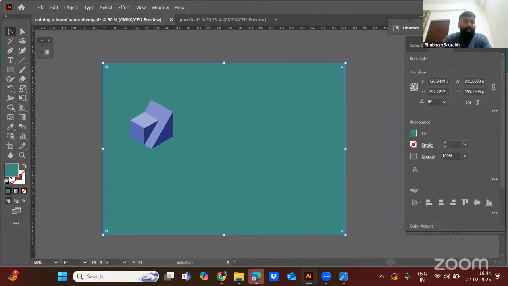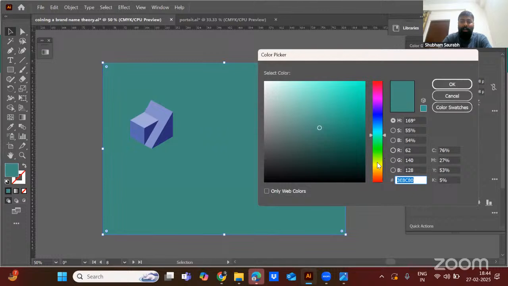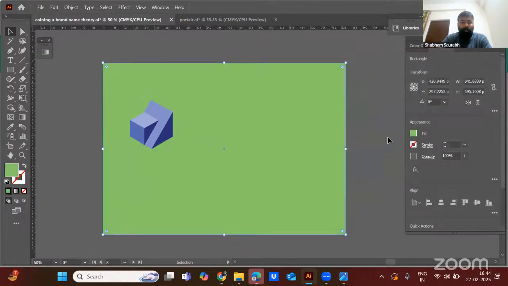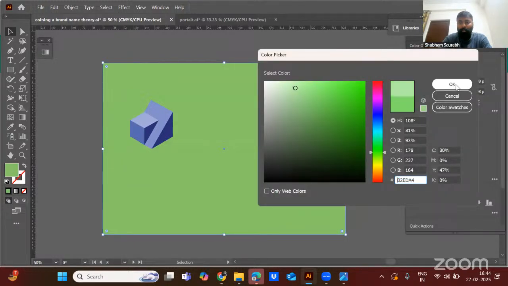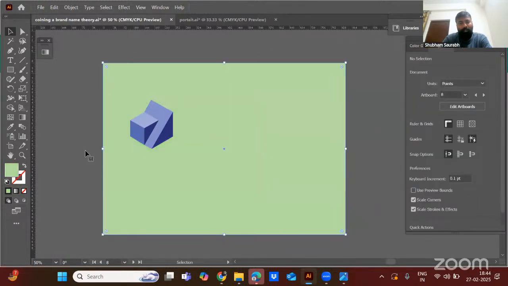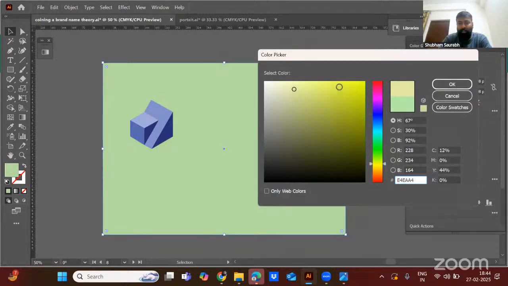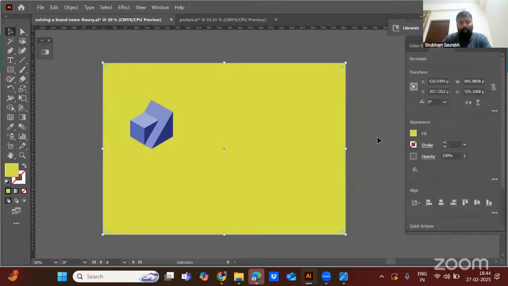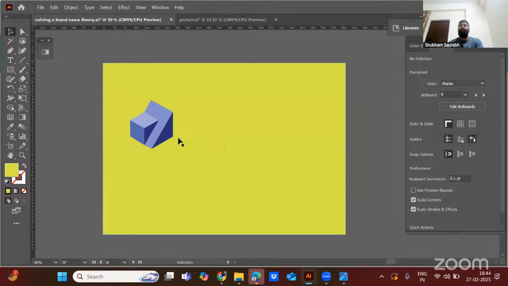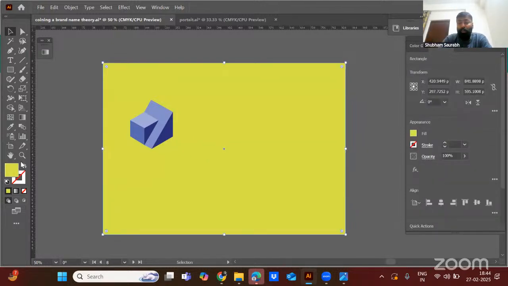And if we use a very different color in the background, this is still not very far. Like, let's go with a little yellowish shade. Now, this one. This is too different from the blue. So now we have chosen a contrasting color palette for our design. Okay, but this is not looking very good.